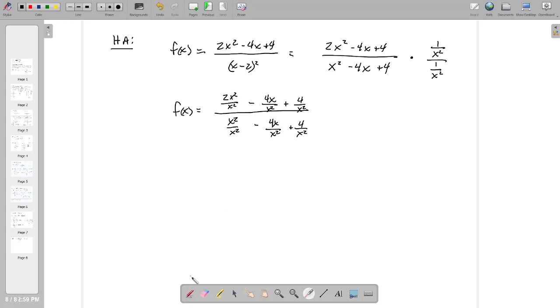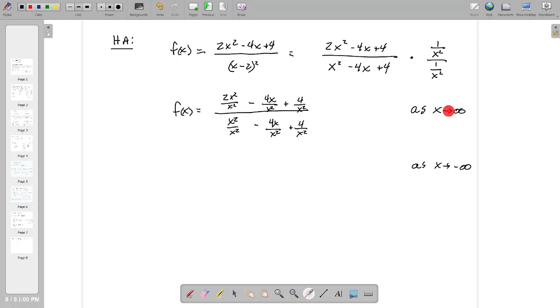Now, remember what a horizontal asymptote is representing. It's representing the end behavior of a graph. So as x goes to infinity, what is happening to y? And as x is going to negative infinity, what is happening to y? So here, I set this up so that we can do this relatively easily.